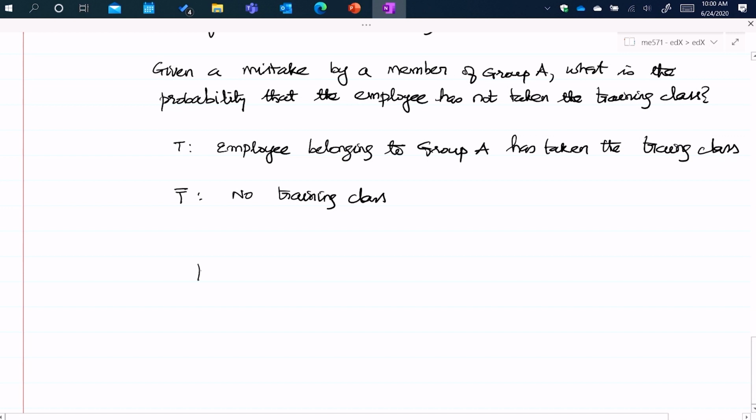So what we seek is the probability of T complement given MA, someone who makes a mistake and belongs to group A. From Bayes theorem, we can write this as probability of MA given T complement times probability of T complement, divided by probability of MA, those that make mistakes and who belong to group A.